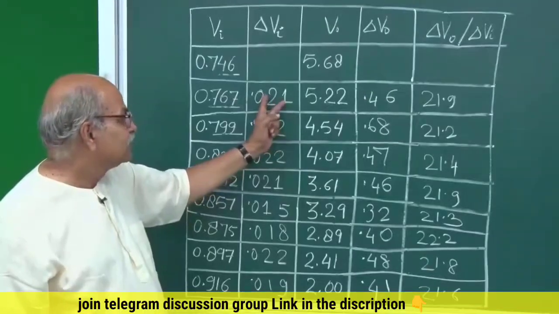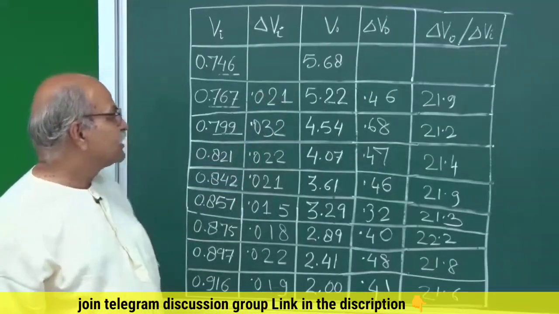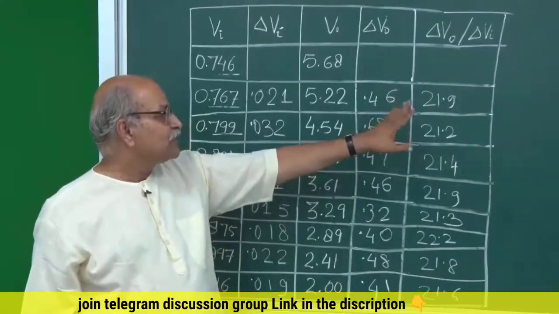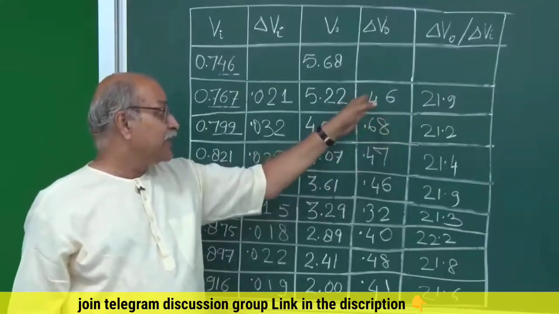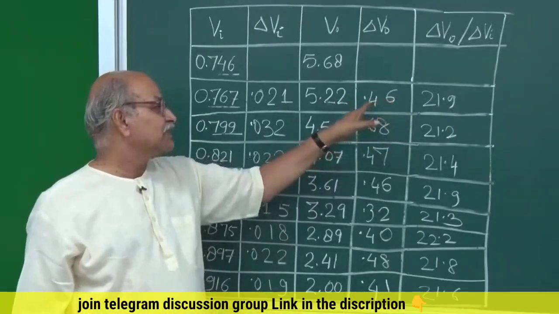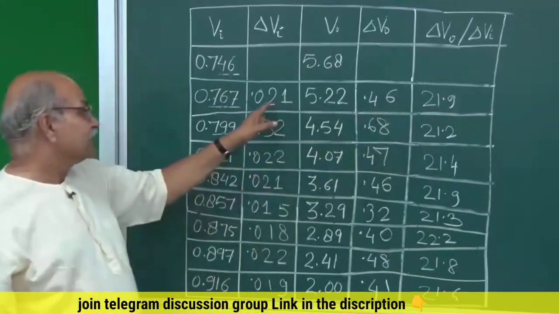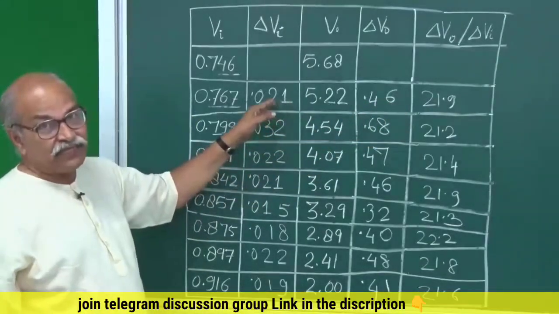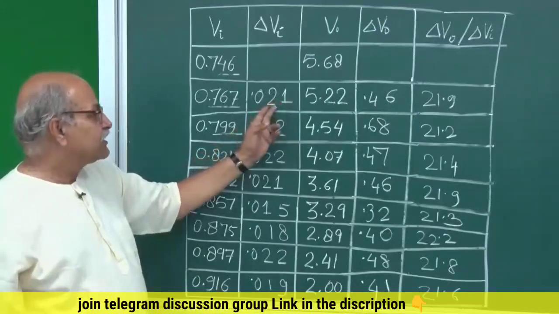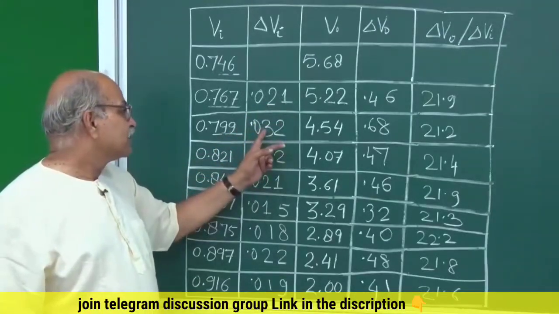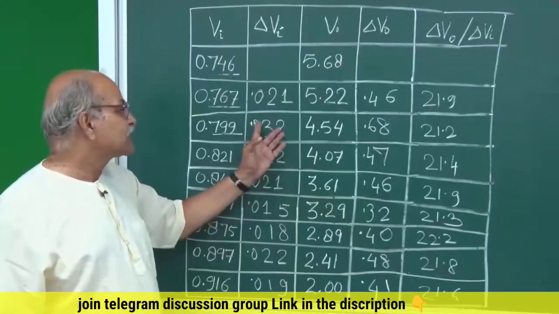Similarly there can be an error of 0.02 here, but that error will be small because it is in 0.46. Here that error can be very large, for example up to 10%. Here it will be less, it is 2 in 32, so about 6%, and so on.